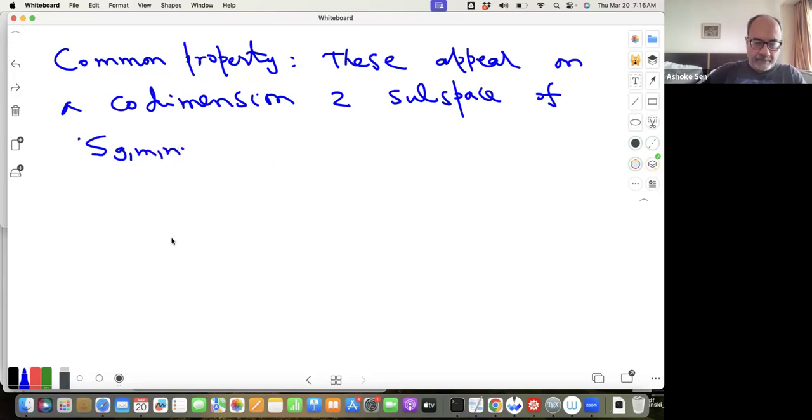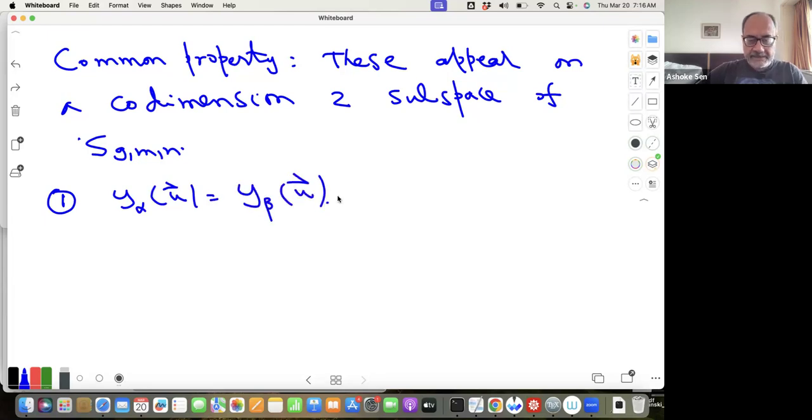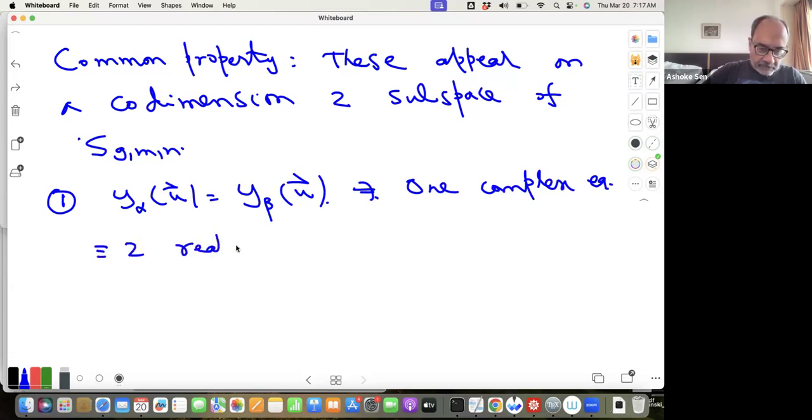Let me explain why codimension 2. Take the first kind, y alpha of u equal to y beta of u, two PCOs colliding. This is simple to understand. You can easily check that if you take two PCOs and take their OPE, it diverges when the two arguments coincide. So this is one complex equation, which is equivalent to two real equations.